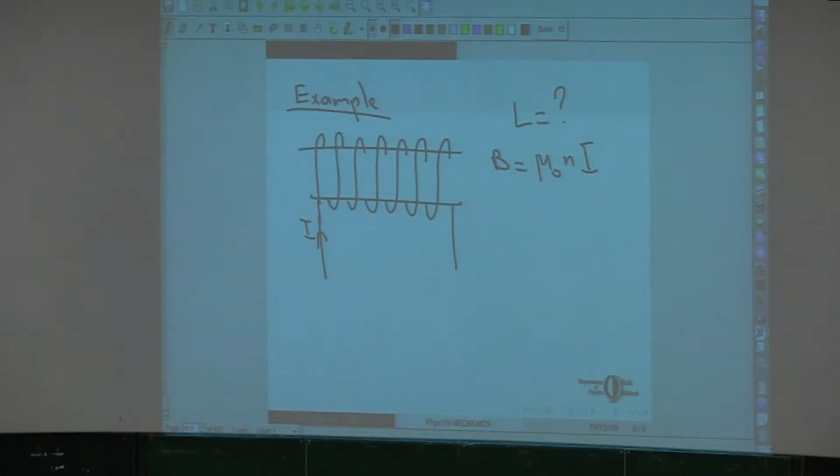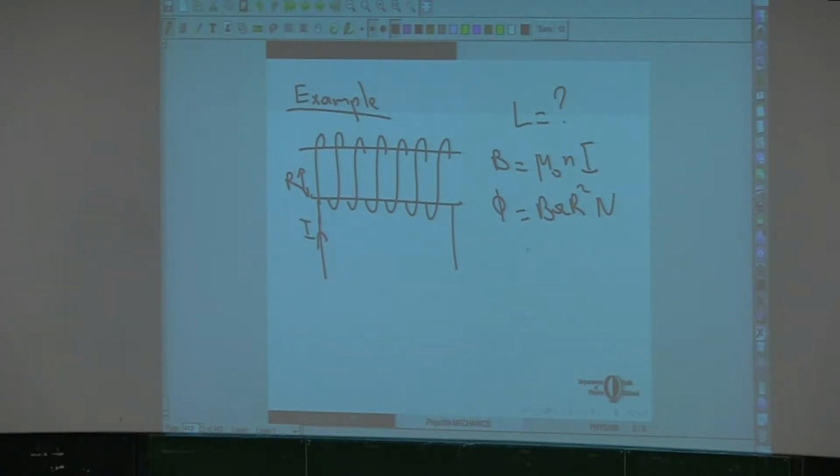Now, since we have the magnetic field, we can calculate the flux. The flux inside the solenoid will be B times pi r squared, where r is this radius, times the total number of turns in our solenoid.